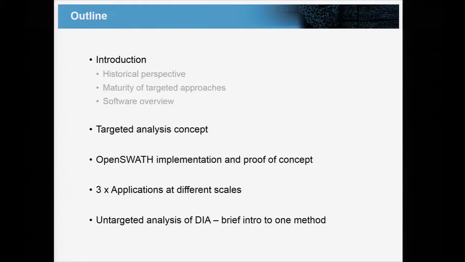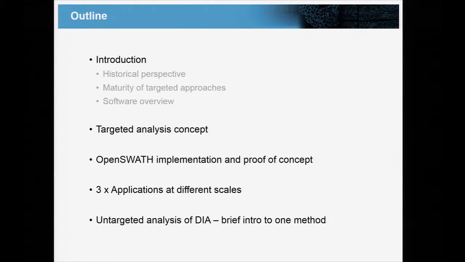So the outline is to make a few brief comments in terms of introduction about the historical perspective and maturity of targeted approaches, and also quickly mention what other software is available. I'll quickly go over the targeted analysis concept that Jared just described, but more from the direction that we tend to think about it around here and the original SWATH paper.